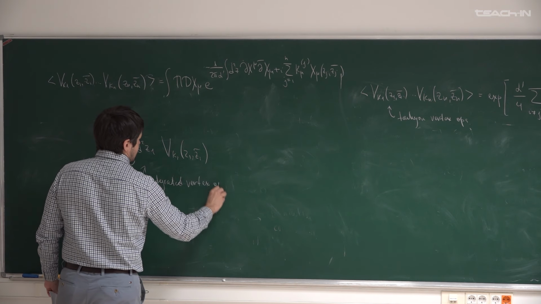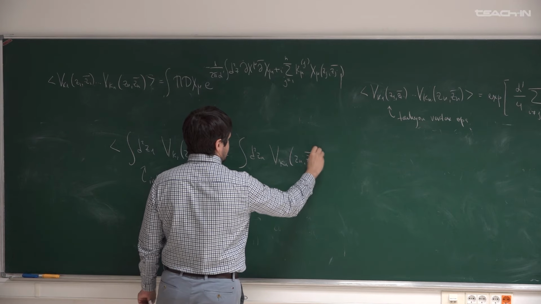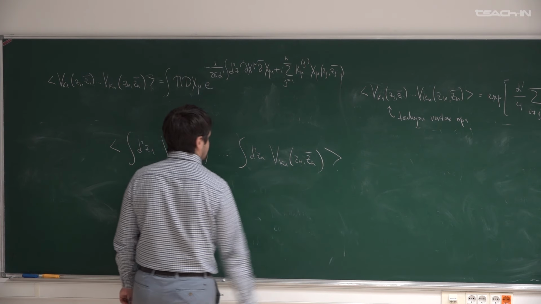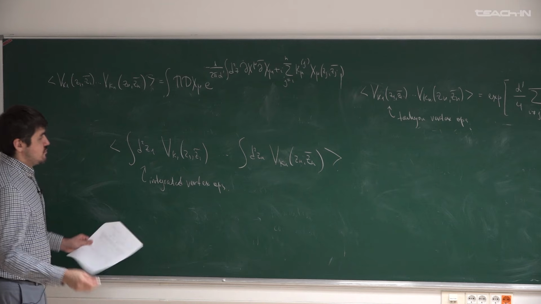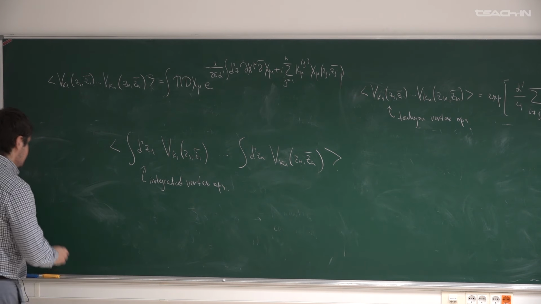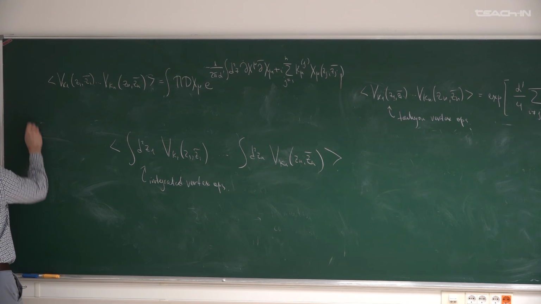So we want to compute a correlator of such integrated vertex operators instead. This will be, of course, now independent of the points, so it might have a better, more invariant meaning. And roughly speaking, that's our amplitude. This will be our scattering amplitude.